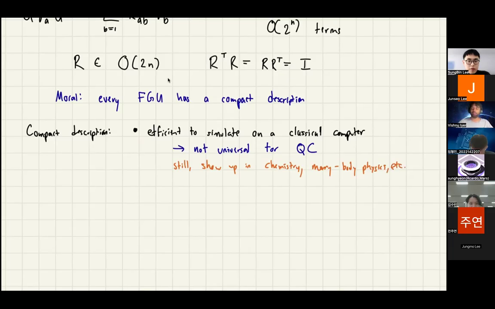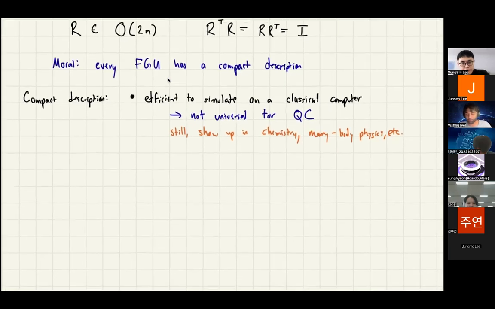They show up in the Hartree-Fock method, which is used to approximate the ground state energy of molecules. They show up in the Kitaev honeycomb model. They show up in models of superconductors.